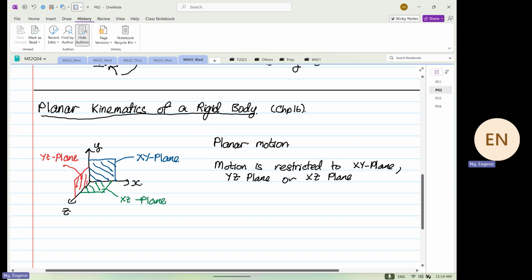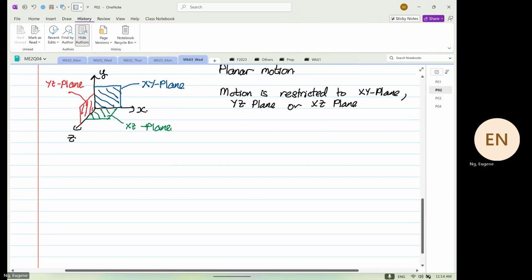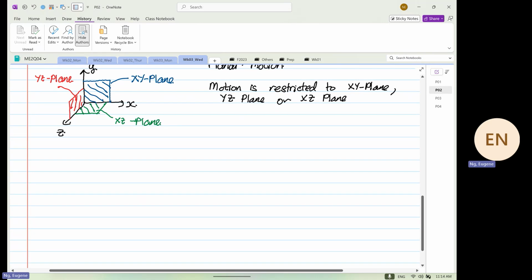So we don't do motion in XYZ all at the same time. The theory doesn't support that.